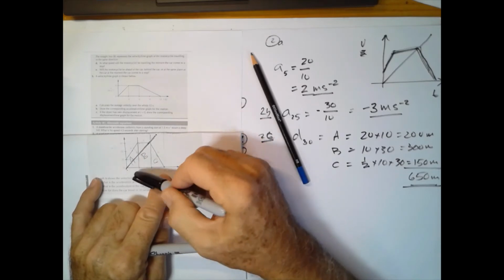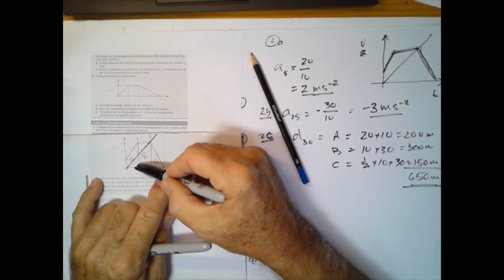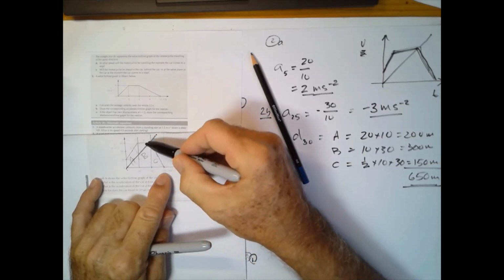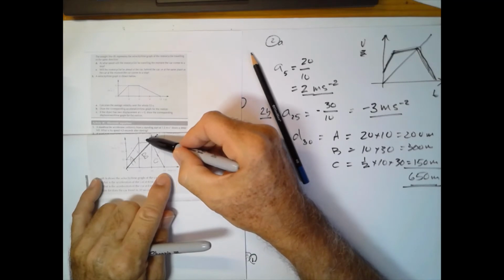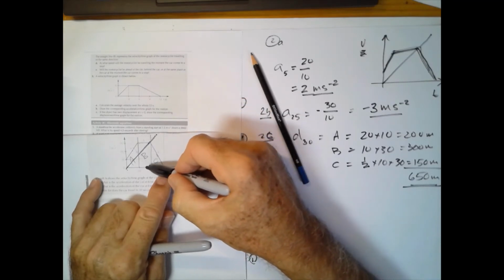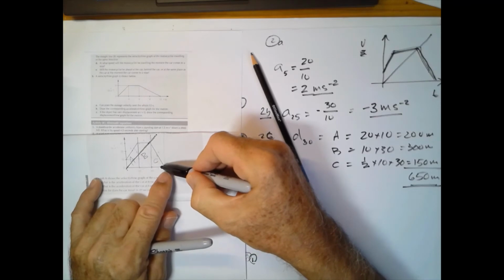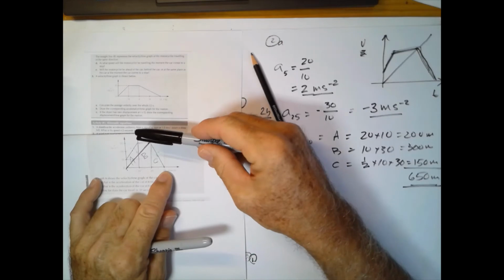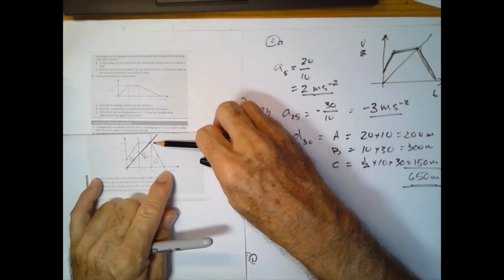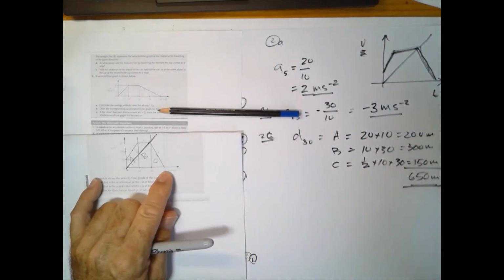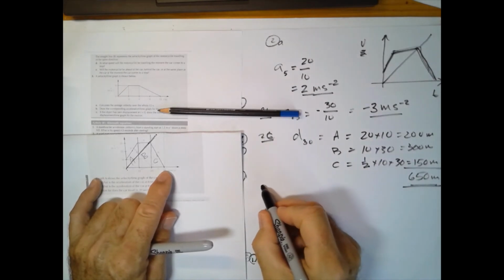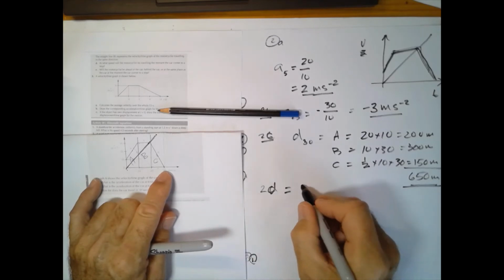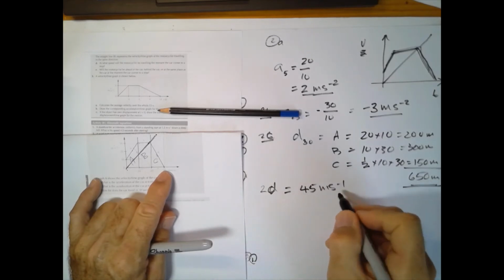In 10 seconds it increases its velocity by 15 meters per second. In a further 10 seconds it increases its velocity by 15 meters per second. At the same rate, we would expect in the next 10 seconds to increase its velocity by 15 meters per second, taking it from 30 to 45 meters per second. So that's 2D: we'd expect its velocity to be 45 meters per second.